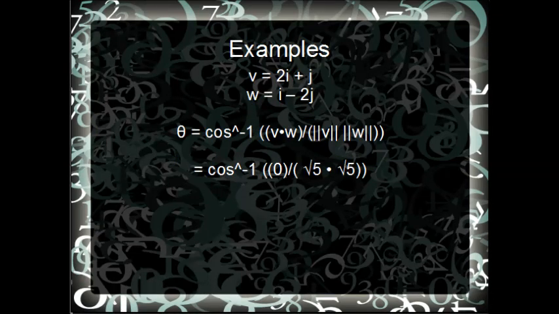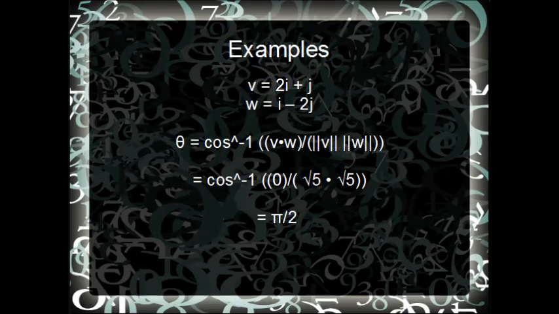You all should have gotten something like this. And you end up getting pi over 2 in radians or 90 degrees.